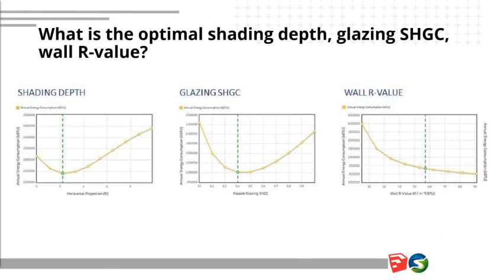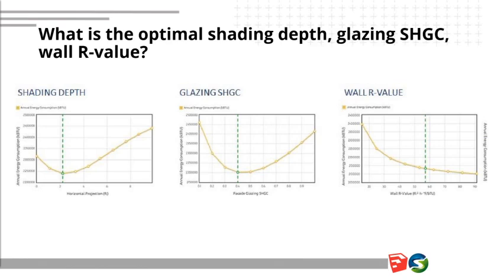What is the optimal shading depth, glazing SHGC, and wall R value? Windows have long been used in buildings for daylighting and ventilation. Many studies have even shown that health, comfort, and productivity are improved due to well ventilated indoor environments and access to natural light.